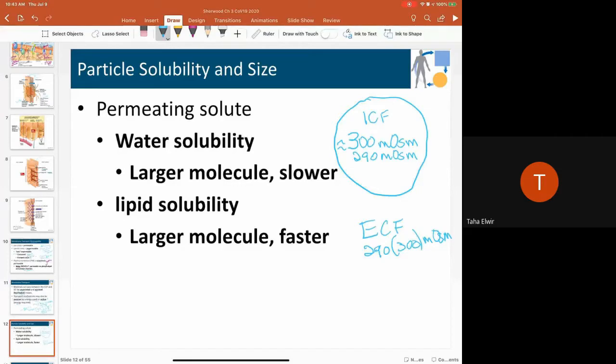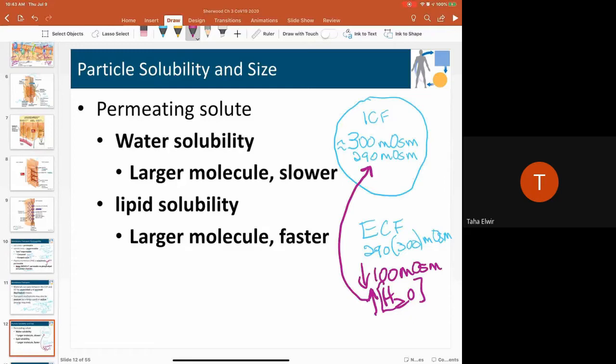If the ECF concentration goes down, so if it goes down to 100 milliosmoles, then that means that you've got an increase in water concentration outside. And that means you have a gradient for water to enter the cell.